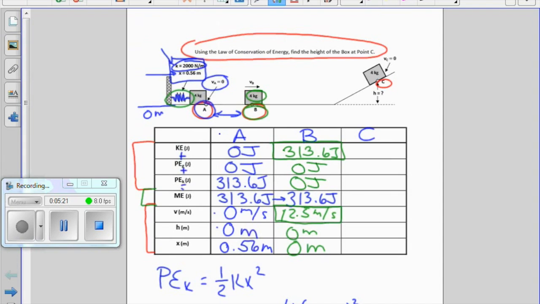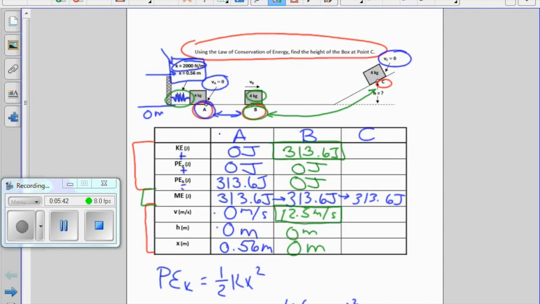Now, I'm almost done with the problem. I have to make sure that energy is being conserved between point B and point C. I don't see any frictional patches. So I can assume here that this 313 actually does transfer over. So 313.6 joules. Now that we know that, we have to look to see what else is going on.